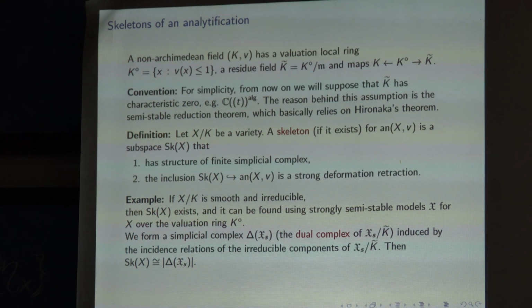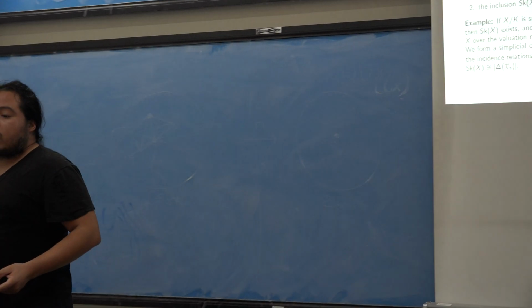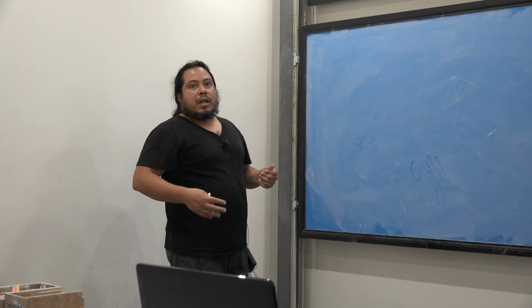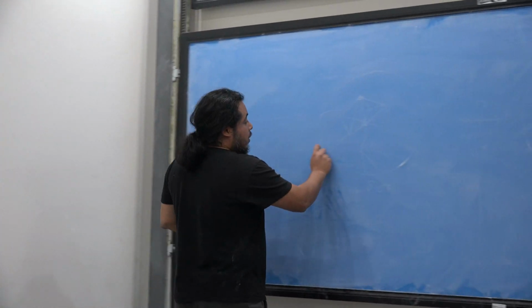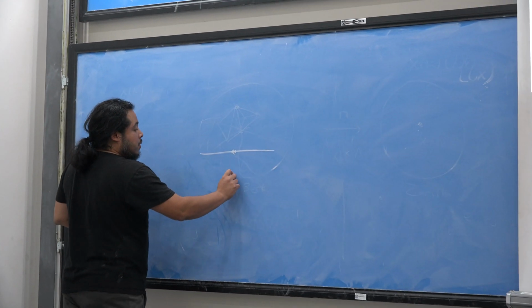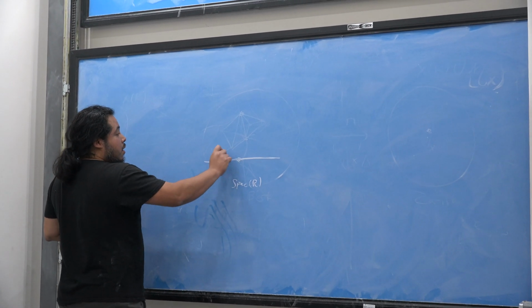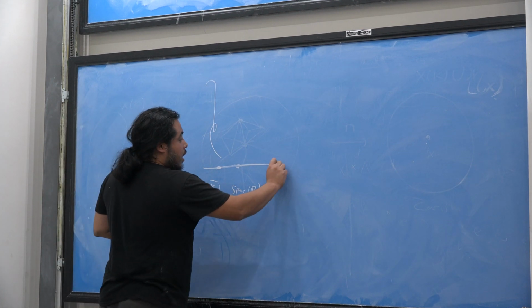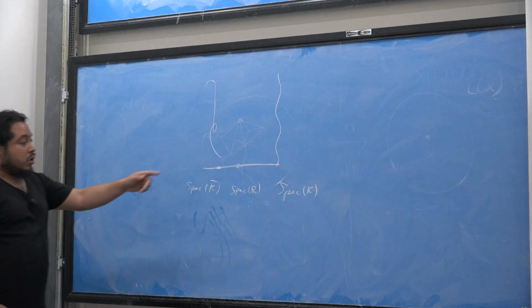So just the idea is that a model is a generalization of a Néron model. A Néron model is just something that gives you arithmetic information of a scheme out of the reduction and the generic fiber. So you just see a scheme over a valuation ring as a pair of something which is over the residue field and something which is over the quotient field.